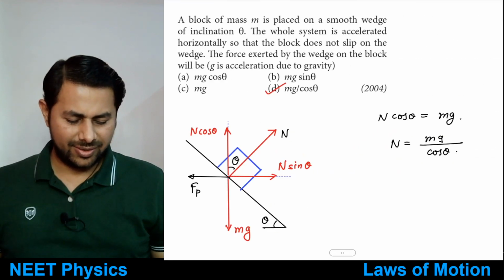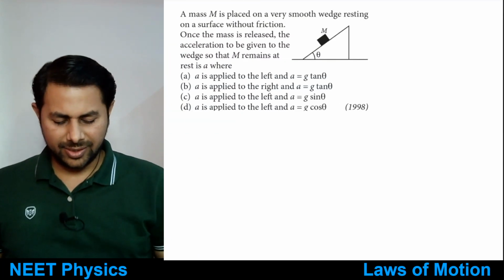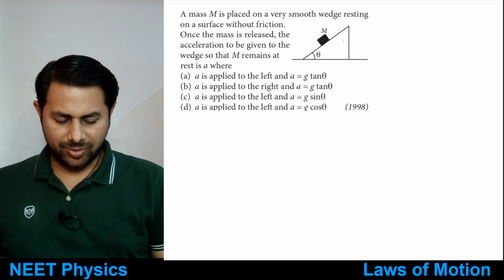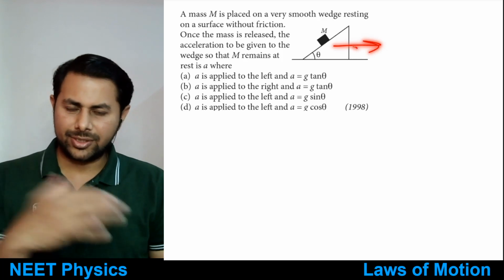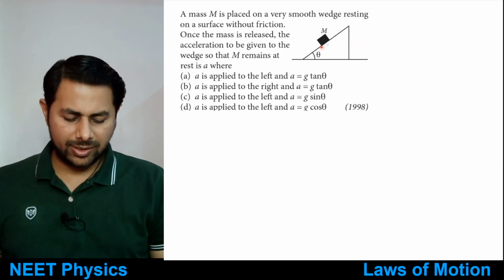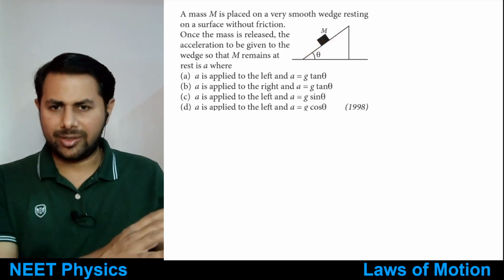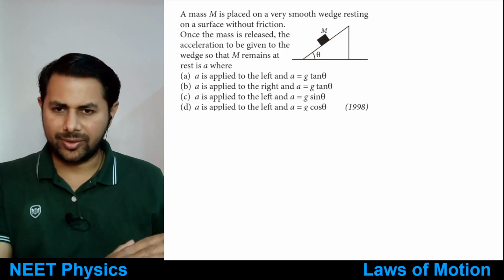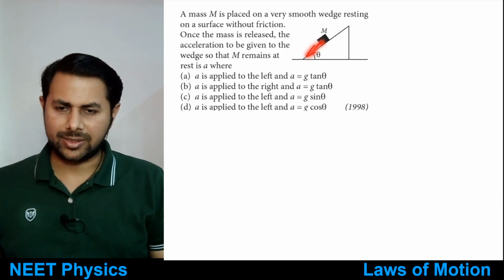This thing is clear, right? So the acceleration cannot be towards right. If you are giving acceleration towards right, that means it was already moving down and you are moving the wedge away from it, so it will slide down even faster. Can you imagine that?